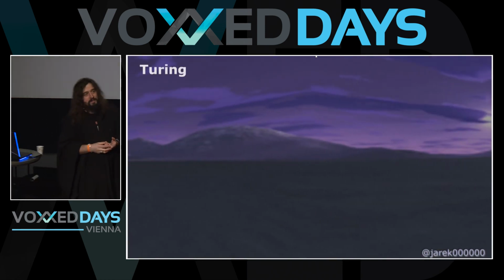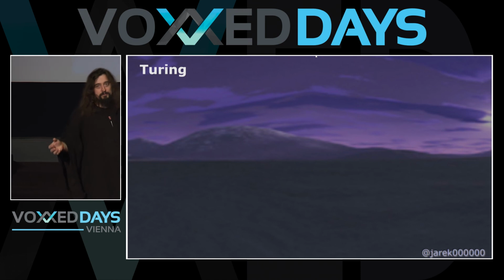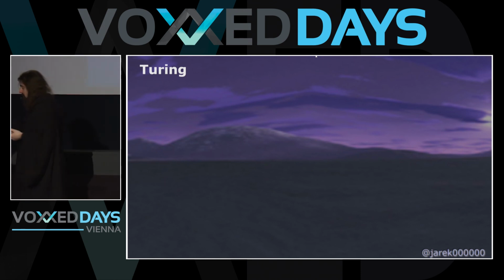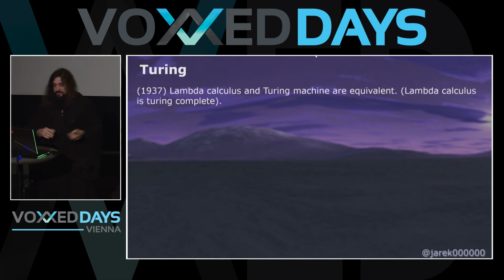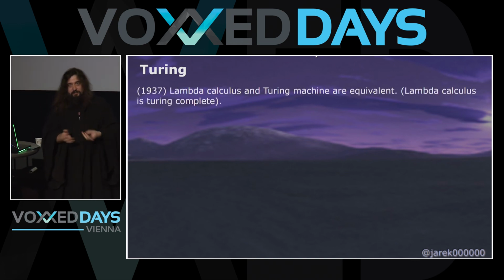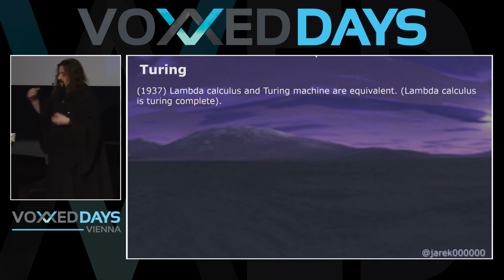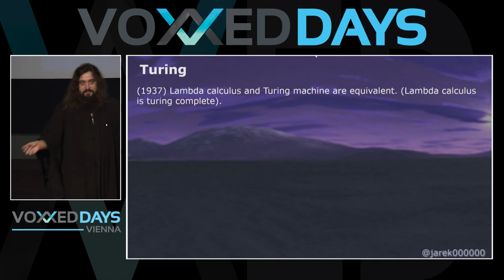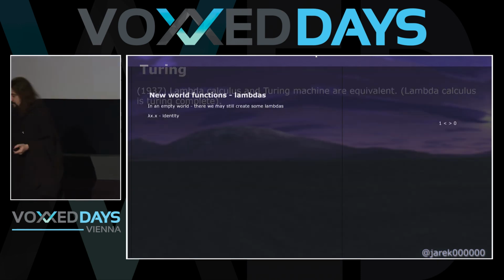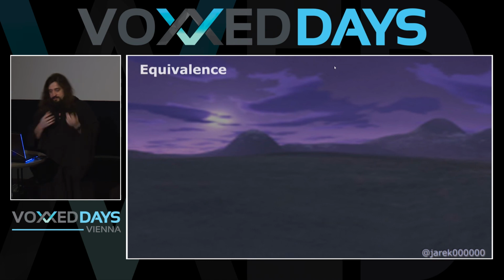But there is this proof that anything we can write on computers, we can represent with lambda calculus. And basically it's proven a long time ago that lambda calculus and Turing machine are equivalent. So basically for me, lambda calculus is an algorithm that works even on paper. It doesn't need a CPU. It's so powerful. You can do everything. It's proven. So that's cool.